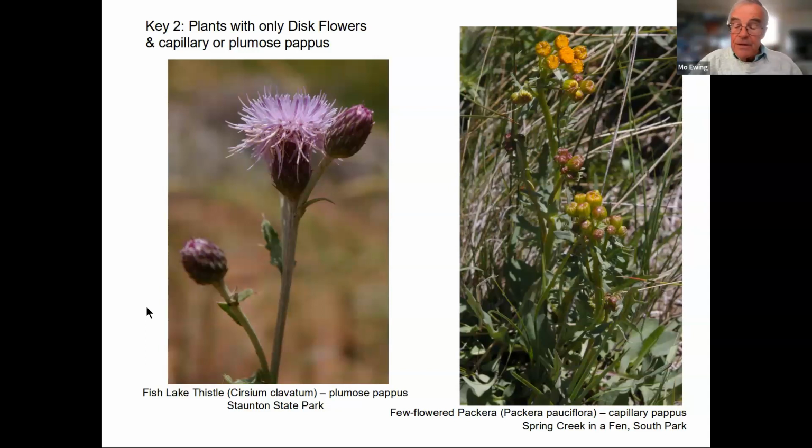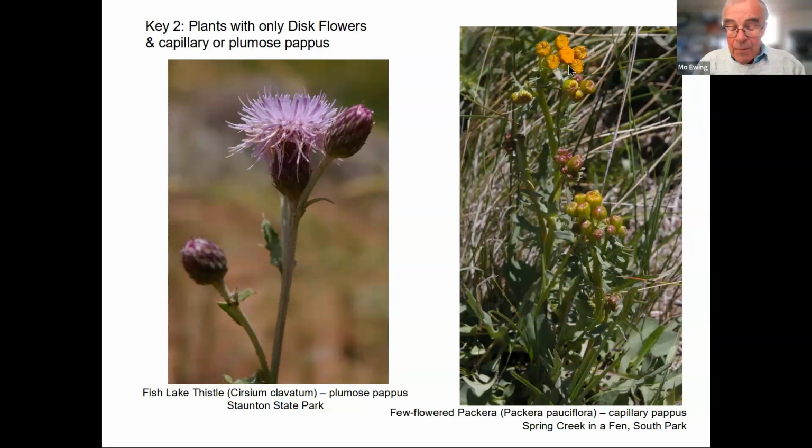And fish lake thistle, which is Cirsium eriocephalum, used to be clavatum, but it's been changed to glycetum. This guy here, you can't tell from the photos, but it has a plumose pappus. And then few-flowered Packera pauciflora.